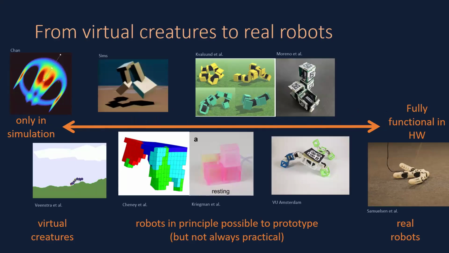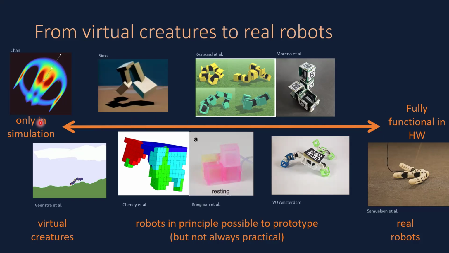So if we try to imagine a continuum, where maybe I can use the laser pointer, where on the left you have virtual creatures, so they cannot really be built in the real world. And on the other end, you have robots that are fully functional in hardware.